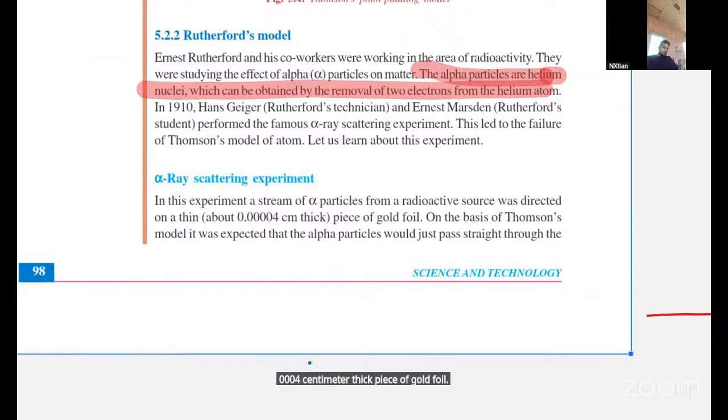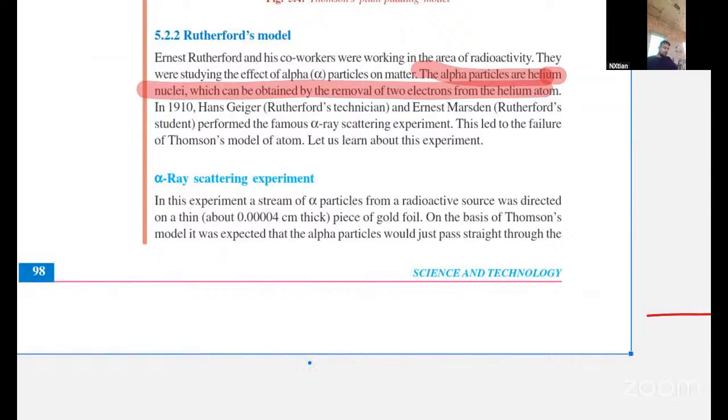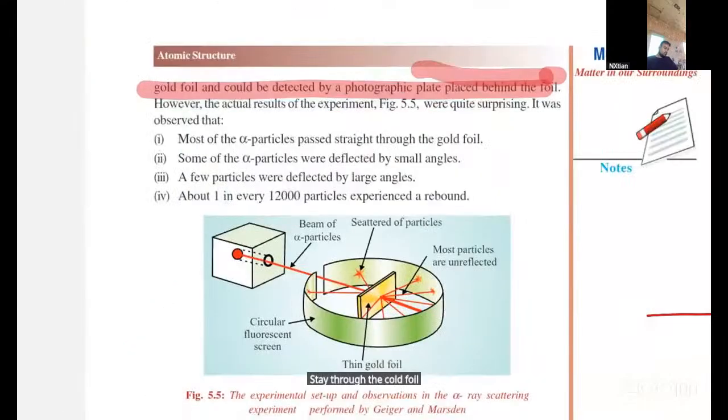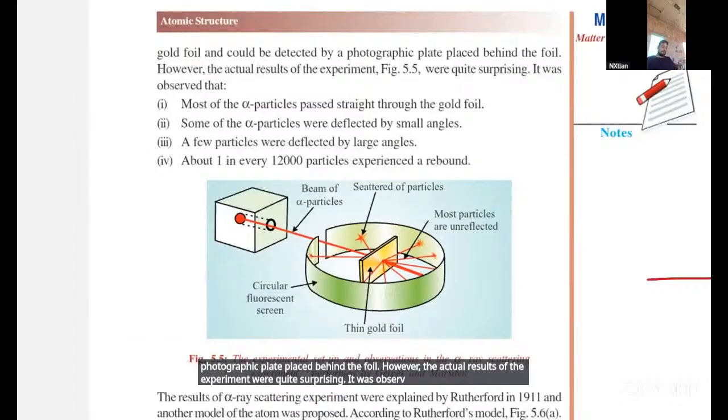On the basis of Thomson's model, it was expected that the alpha particles would just pass straight through the gold foil and could be detected by a photographic plate placed behind the foil. However, the actual results of the experiment were quite surprising. It was observed that most of the alpha particles passed straight through the gold foil.